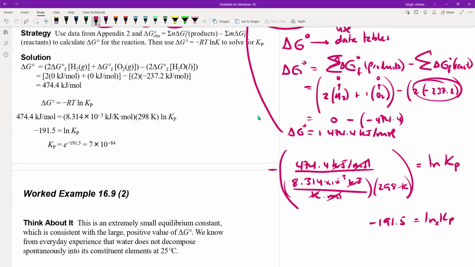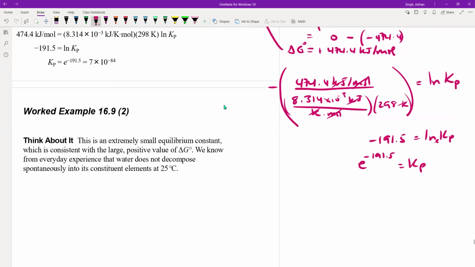So then remember, natural log is to base e. If I take e to the negative 191.5, that's going to be equal to our Kp value. Stick that in your calculator, and you end up with Kp being equal to 7 times 10 to the negative 84, right?